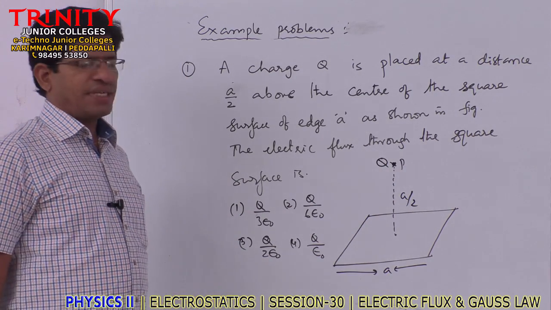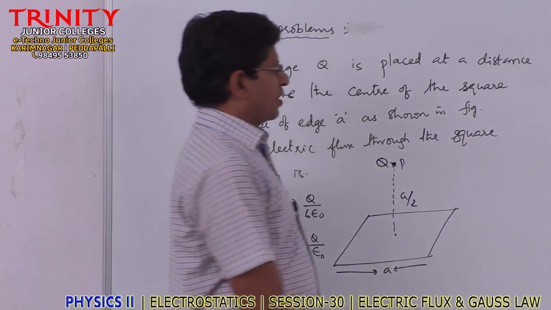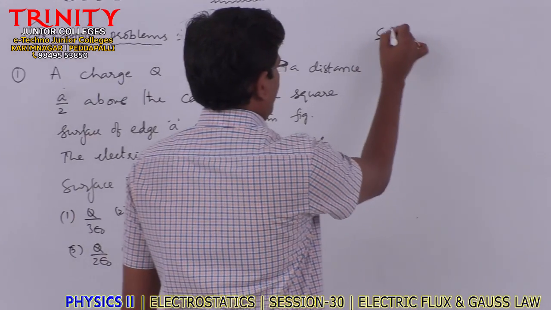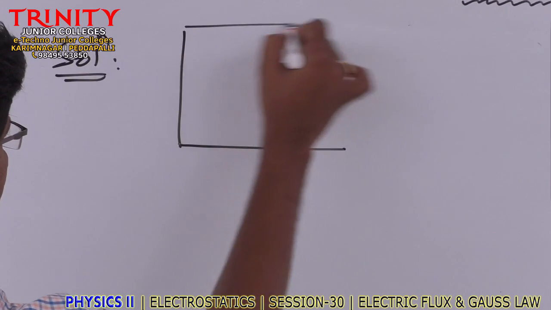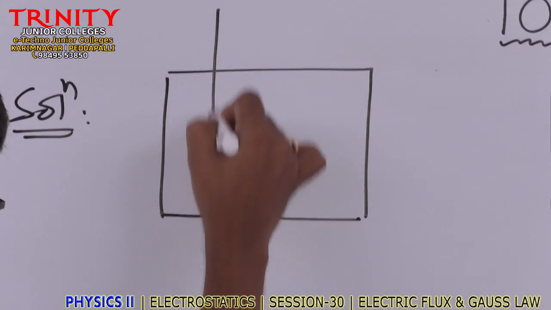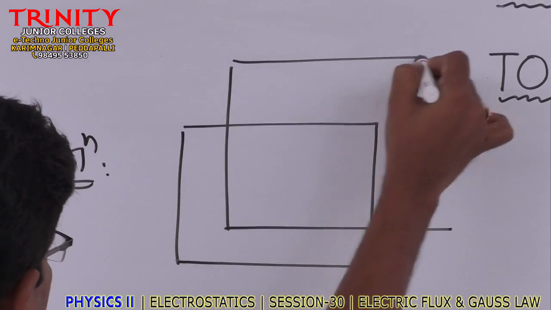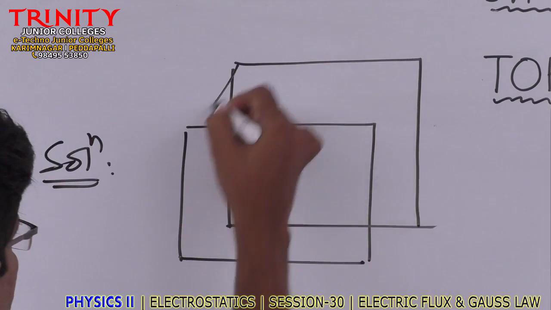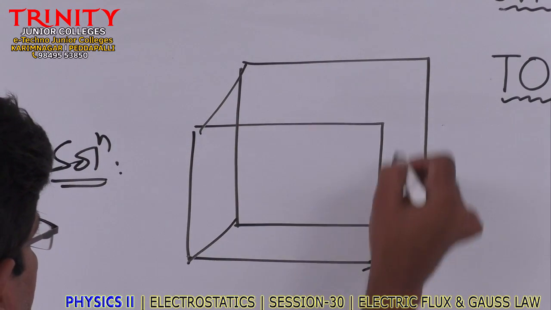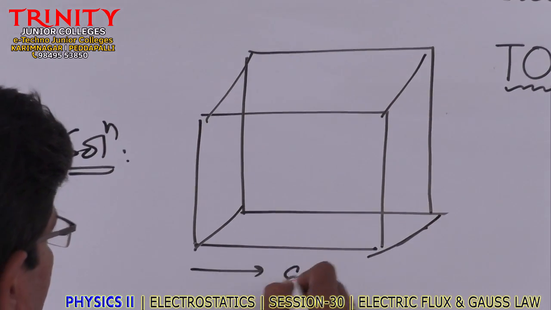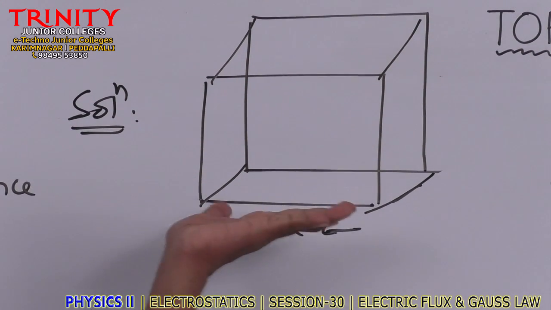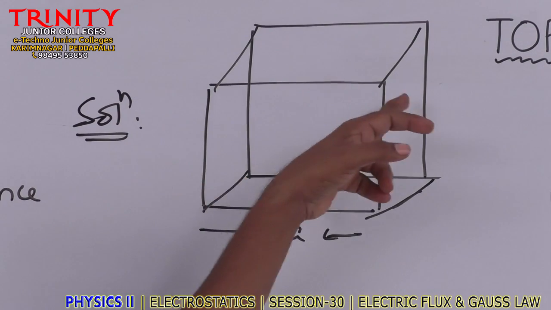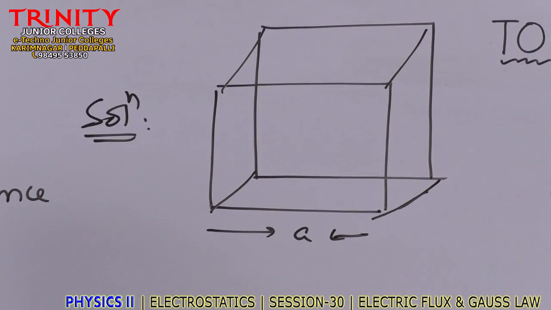Before getting into this, I will explain the very fundamental concept. Let us see the solution here. Suppose if the cube is there, you imagine a cube like this. Edge is of length A like this, and every face of the cube is a square. You know that, right?